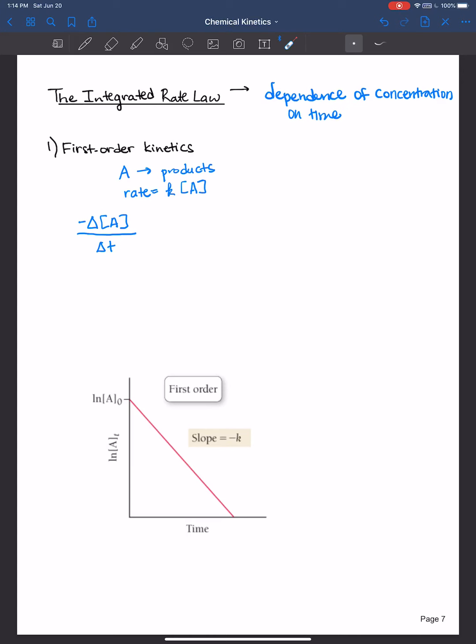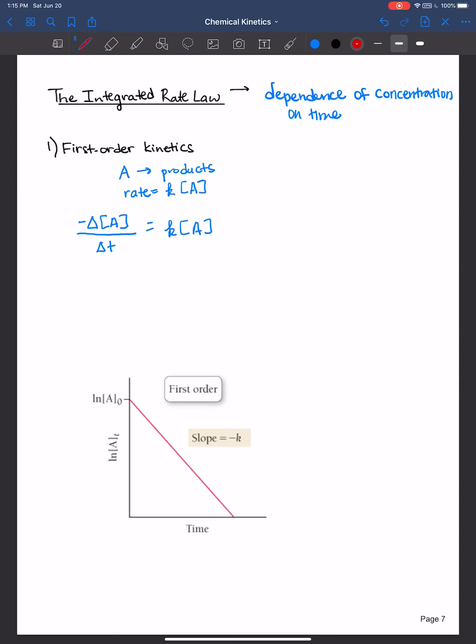In this case, we're looking at first order. So I'm going to set the reaction rate equal to the rate law because they're both equal to the rate of reaction. So I'm going to say that this is equal to k times the concentration of A to the first order.